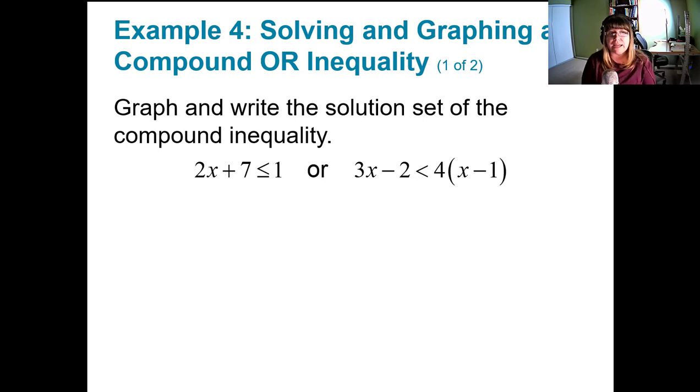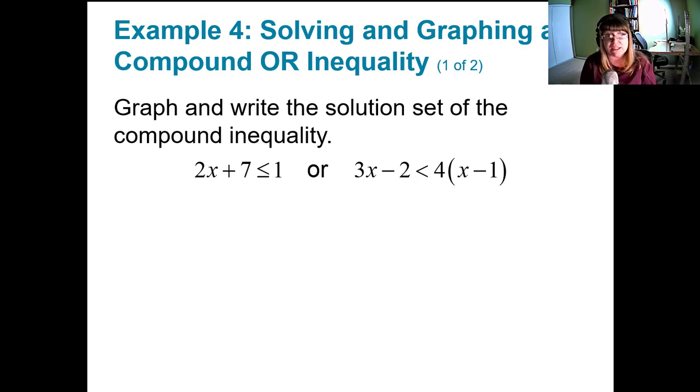All right, so now let's look at compound inequalities, and specifically compound with an OR statement. First and foremost, an OR means one or both can be true at any one time. They don't both have to be true at the same time.